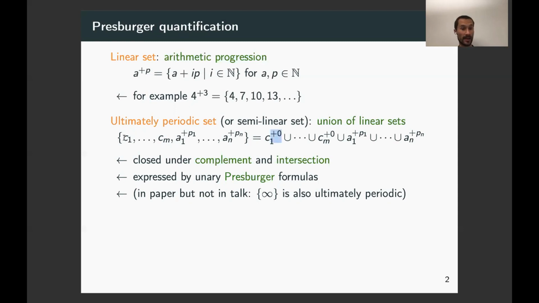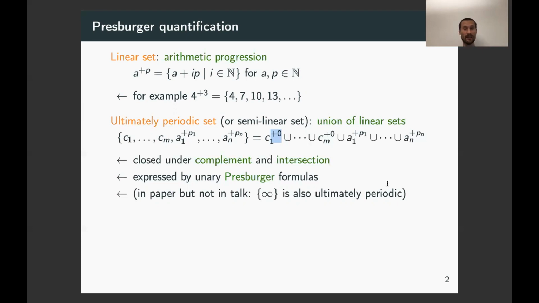So we say here just c1 rather than c1 plus 0N. What is good about ultimately periodic sets is that the set of them is closed under complement and intersection. More importantly, these are precisely the sets of natural numbers which are expressed by unary Presburger formulas.